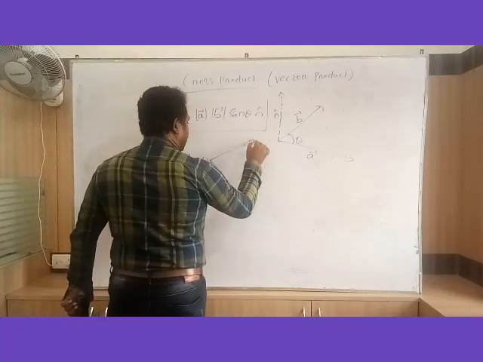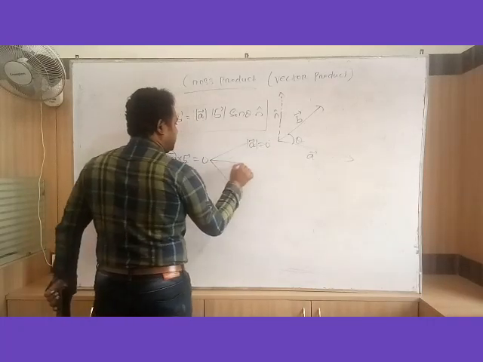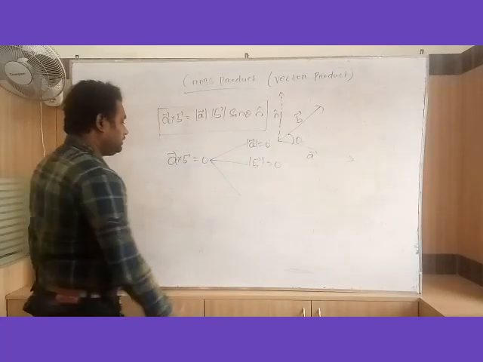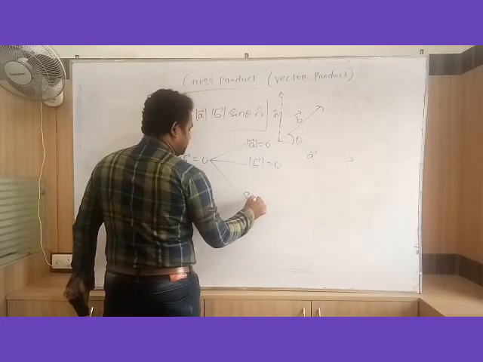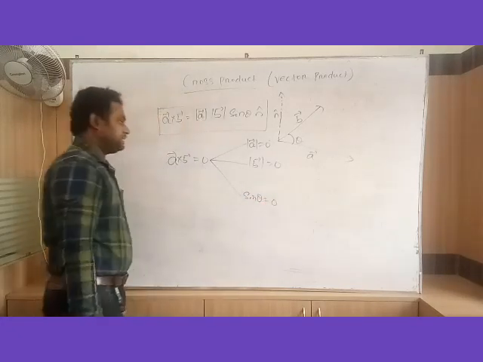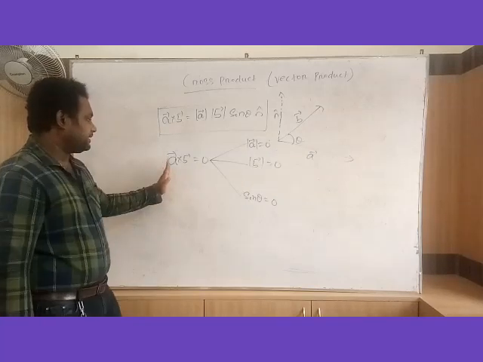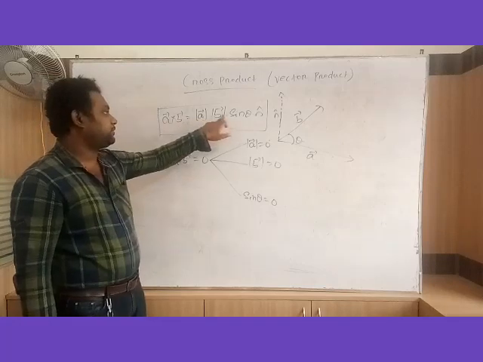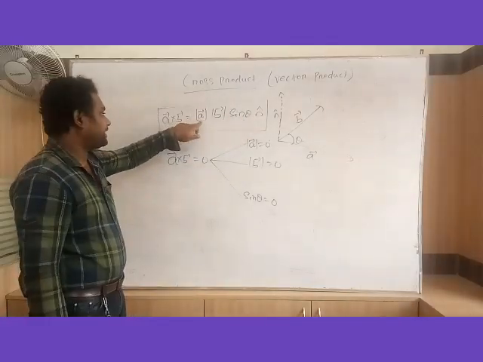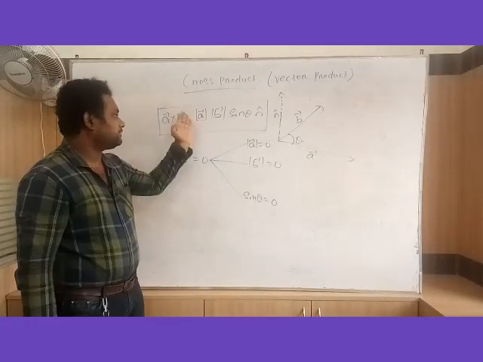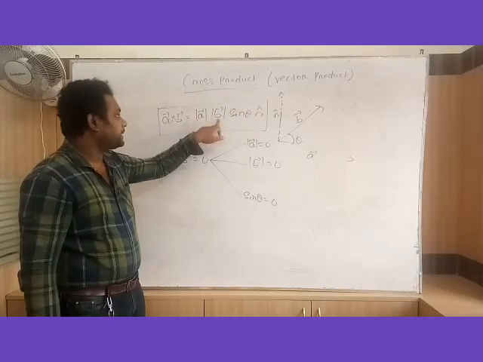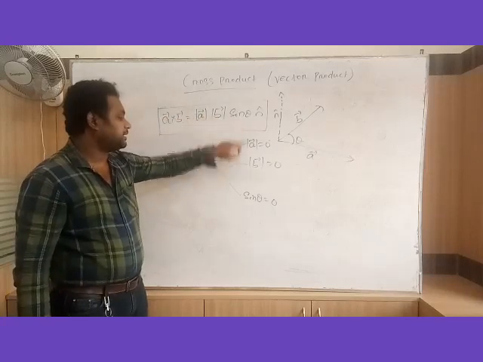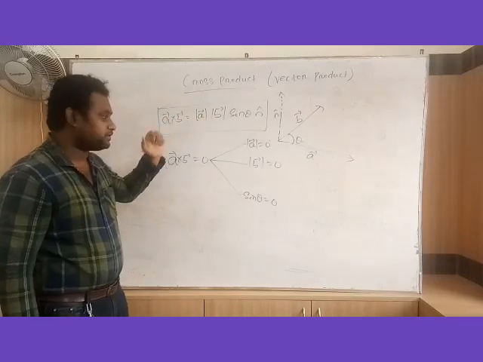If magnitude of A equals 0, or magnitude of B equals 0, or sin theta equals 0. These are the three conditions. From the formula magnitude of A into magnitude of B into sin theta into n cap, if magnitude of A is 0, then A cross B is 0. If magnitude of B is 0, then A cross B is 0. If sin theta is 0, then also A cross B is 0.